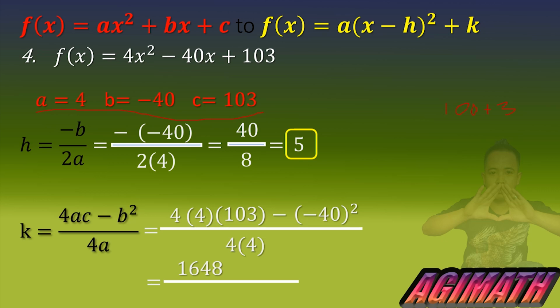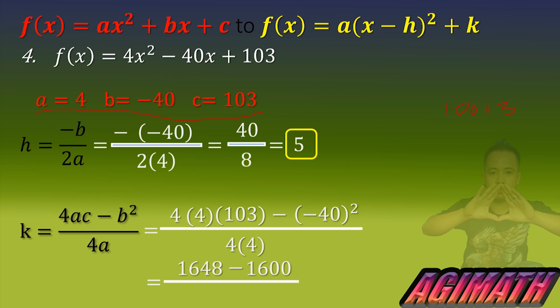That's mental calculation. And then minus negative 40 squared is 1600, because negative 4 times negative 4 is 16, and we're just going to add two zeros also from 40 times 40.